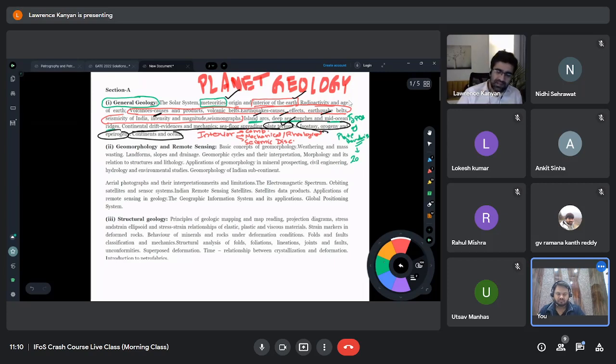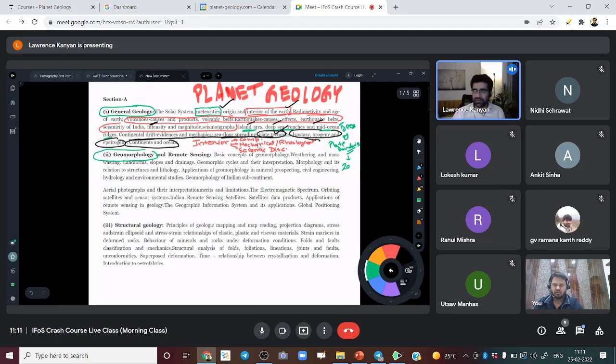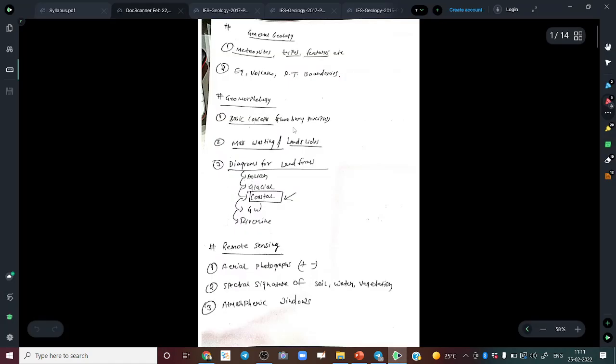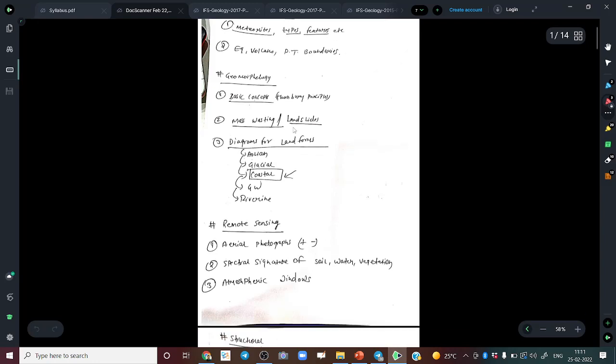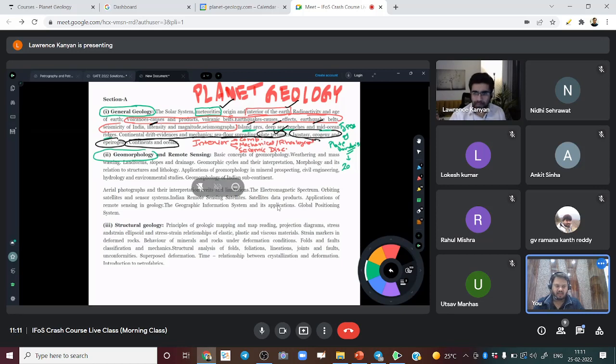So Mayank sir, maybe you can take geomorphology and cover some important things. As I mentioned in the PDF, in geomorphology two things are most important. One is that they ask some basic concepts.